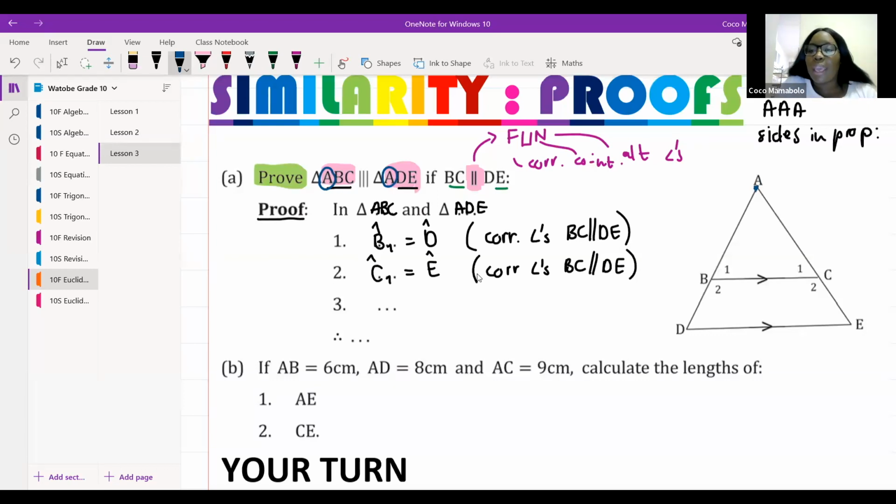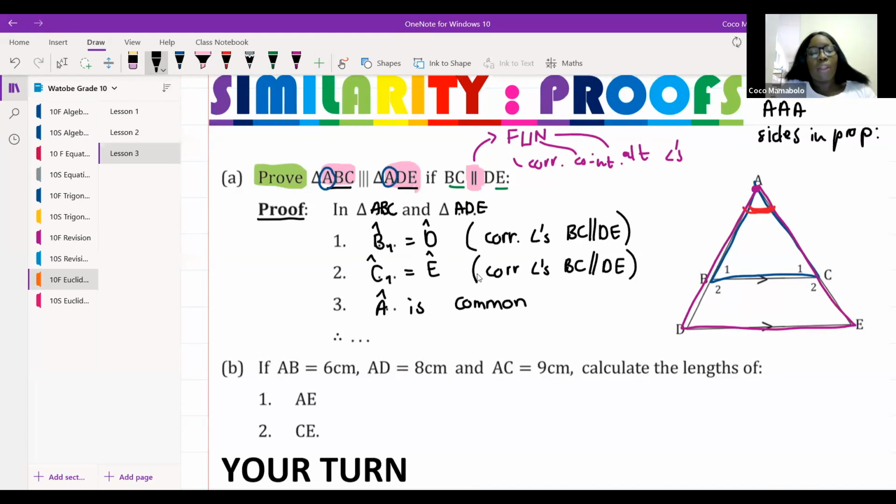So we need to go A, B, C, close. And then we start again at A, D, E. Close. So what angle do both of these triangles have in common? A. They have the angle A. So we can say here that angle A is common. We don't even need a reason for that.